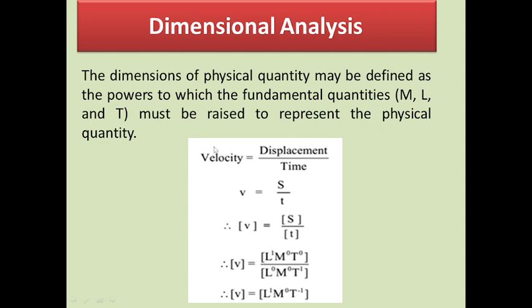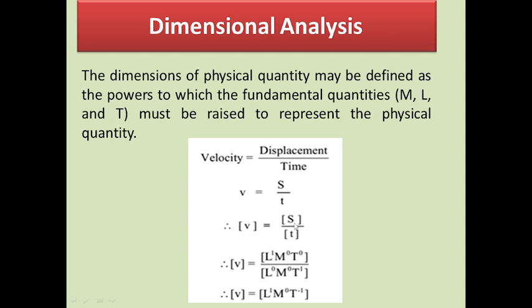For example, if we take velocity, the formula is what? Displacement by time. So first we need to write the formula, then write whatever parameters are involved in the formula in terms of mass, length and time.